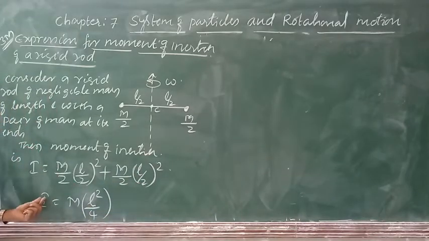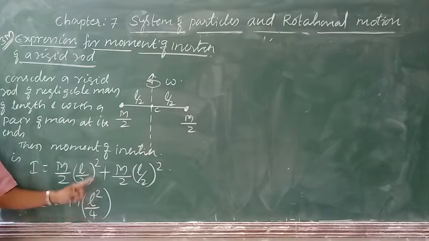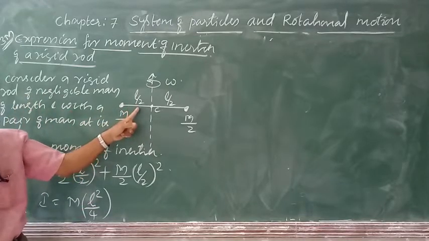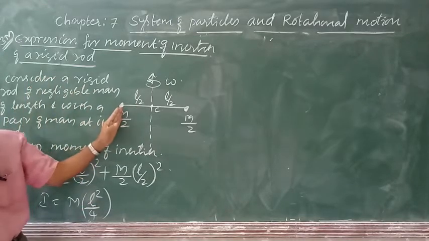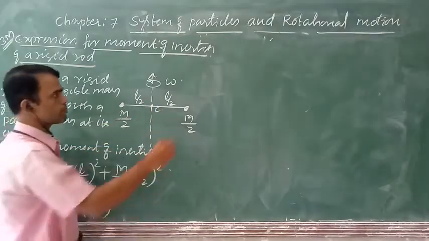On simplifying, we get I is equal to m L square divided by 4. So I is equal to m L square by 4 is the expression for moment of inertia of a rigid rod with a pair of masses attached to its ends.